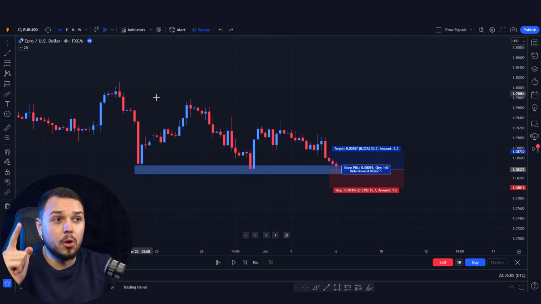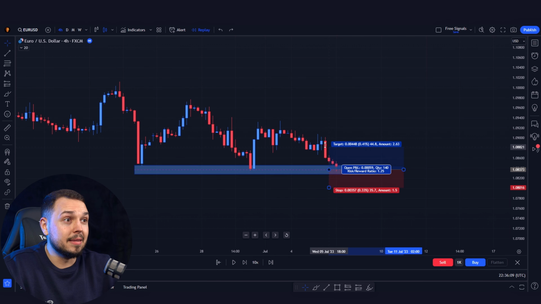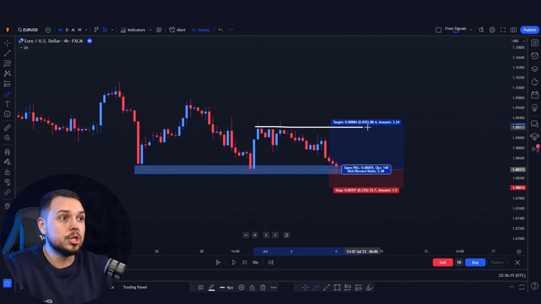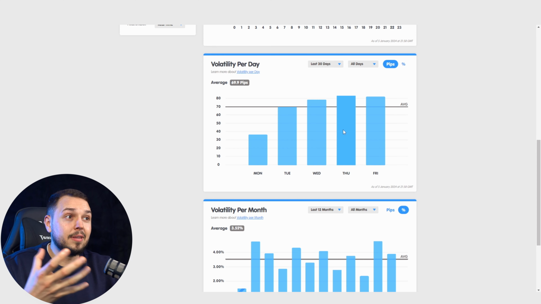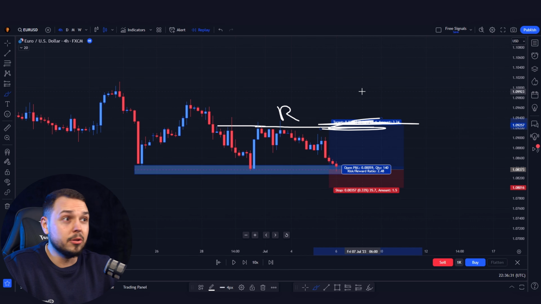But what we do know is that if it doesn't break it, it's likely to go around 88 pips. So if we drag this up, we can see that it's likely going to reach this area of previous resistance line, right? Volatility is telling you that likely on Thursday it's going to move 88 pips, and this is the target zone you want to be aiming for.